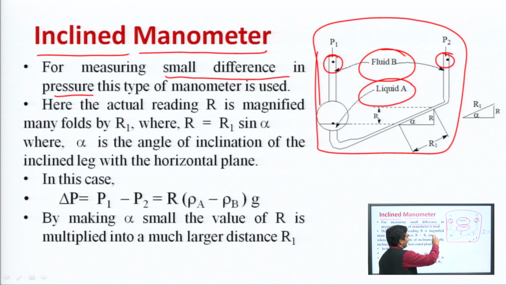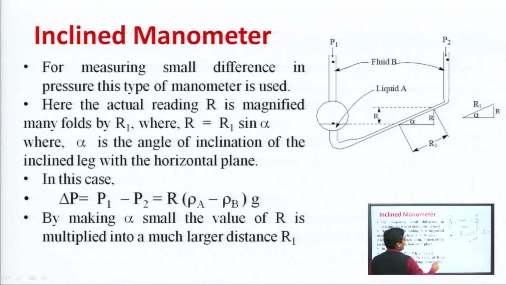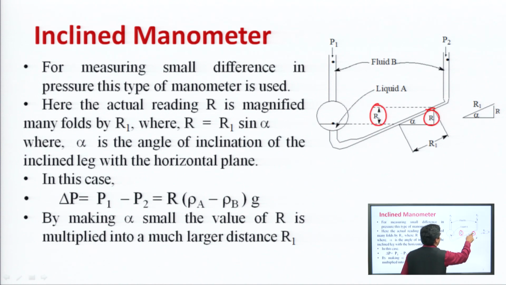If you see this manometer, it is slightly inclined, that means slightly tilted. Here the actual reading R, that is the distance travelled by liquid A, is magnified many folds due to this R 1.